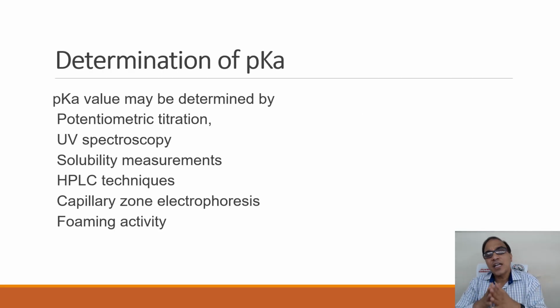Now, how can we determine the acid dissociation constant? pK values may be determined by potentiometric titration, UV spectroscopy, solubility measurement, HPLC techniques, capillary zone electrophoresis, foaming activity.